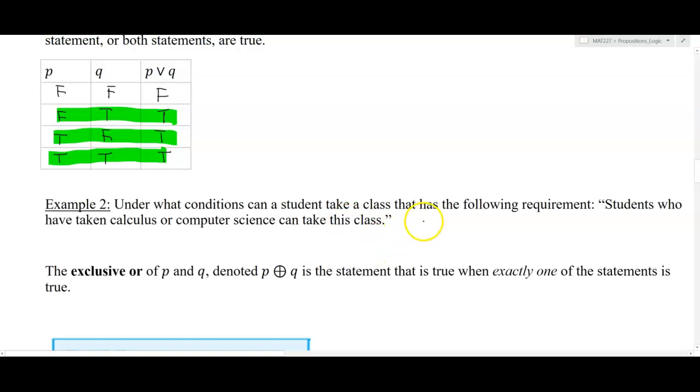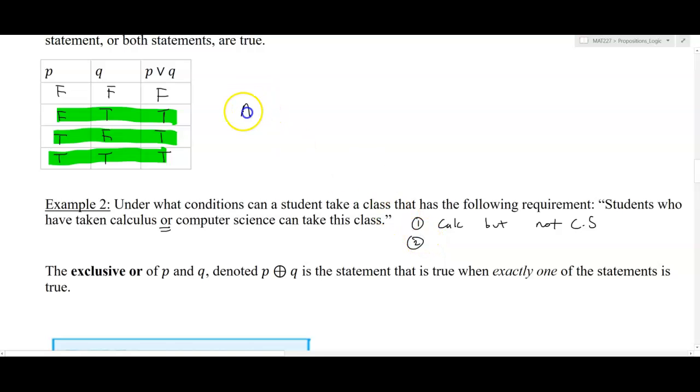So the first situation would be calc, but not computer science. So maybe I took calculus, but I did not take computer science. Because this is a disjunction, as long as I've done at least one of these two things.